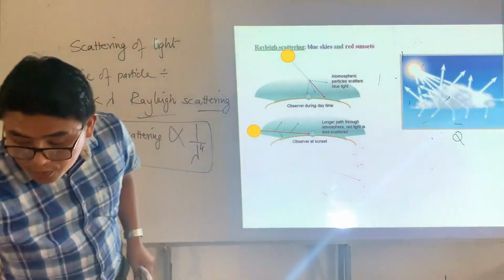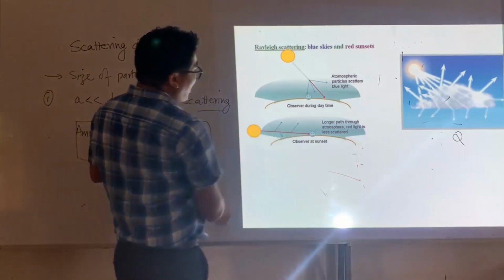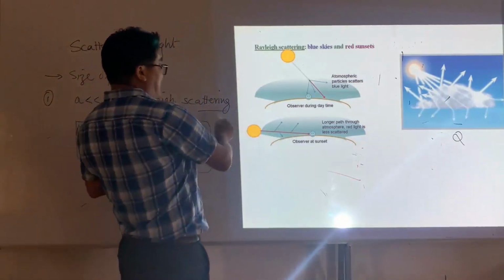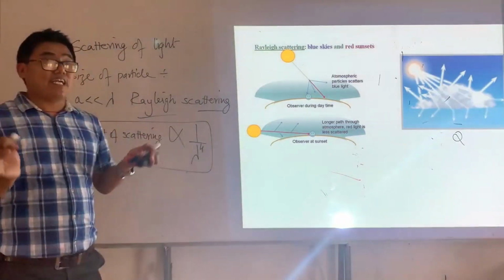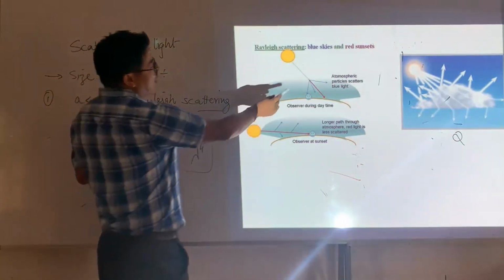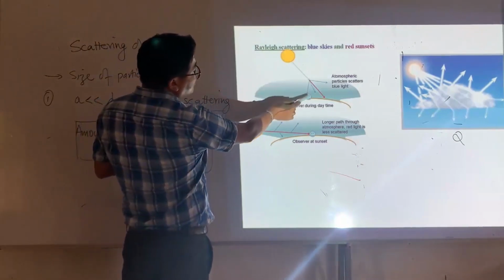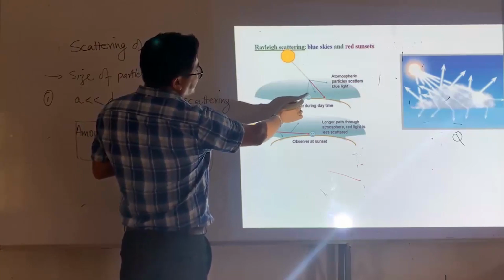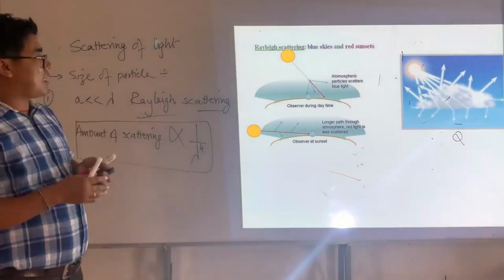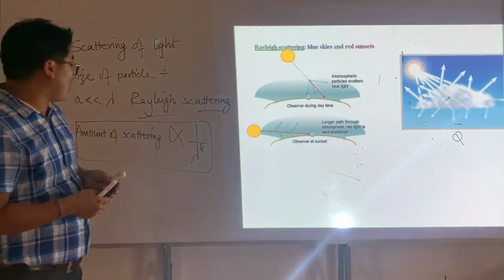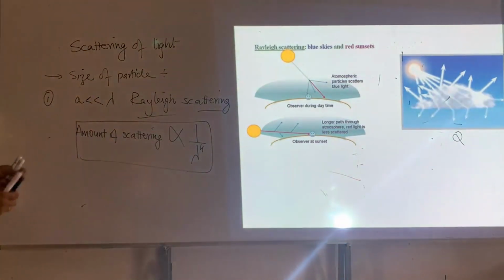You could see here the red that is entering into your eye. Therefore the sun appears reddish. Here, since you could see more blue colors entering into your eye, you see a bluish color. So this is all because of Rayleigh scattering.